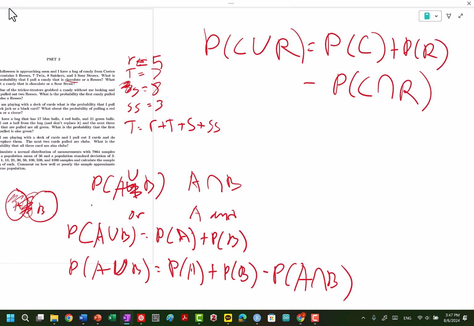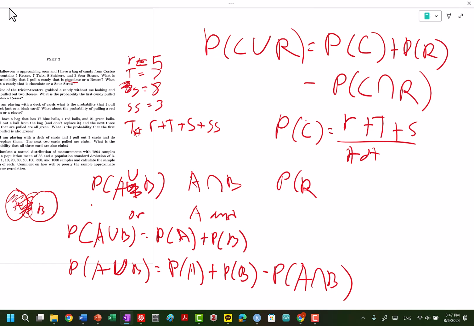And the probability that it's going to be a chocolate is going to be R plus Twix plus Snickers divided by the total. Probability of Reese's is just going to be Reese's over the total.